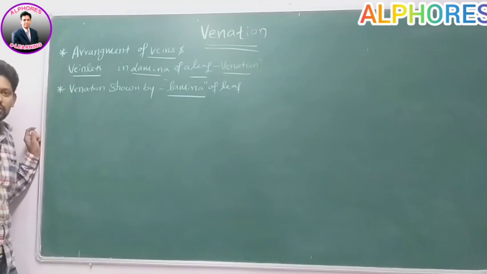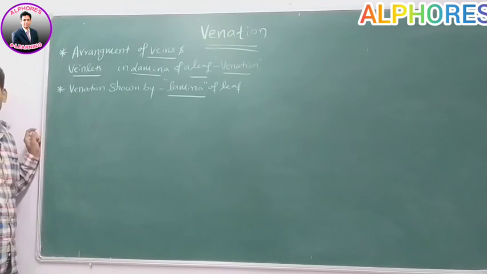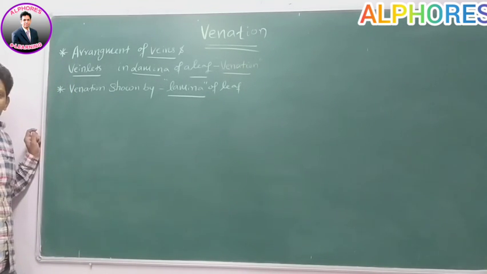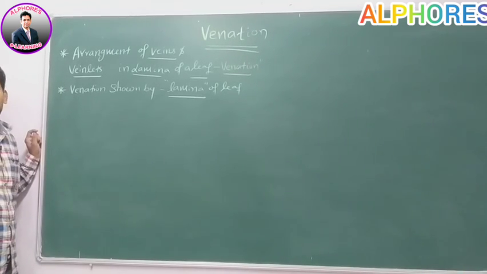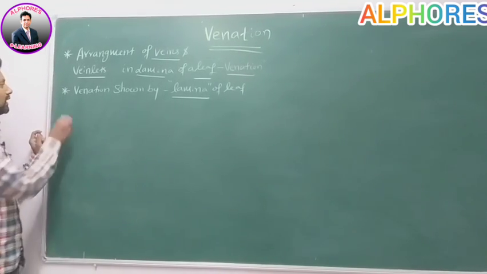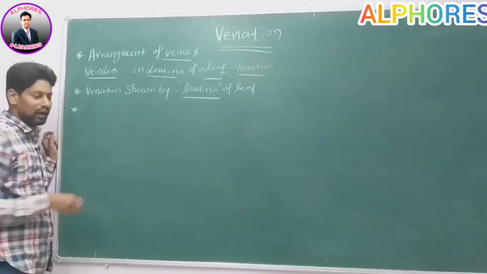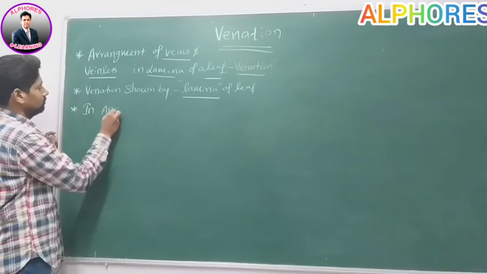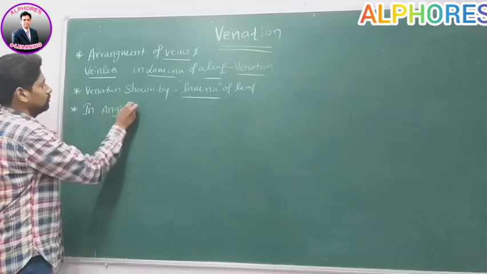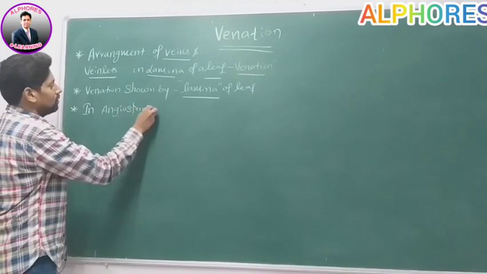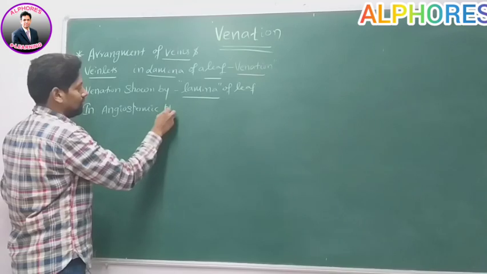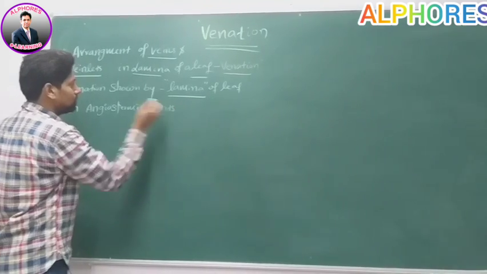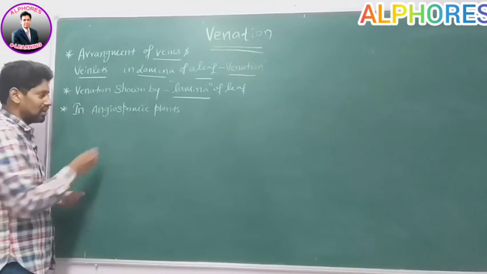Venation is shown by which part of the leaf, sir? Lamina of the leaf. In angiospermic plants, venation is of 2 types. Angiospermic plants are commonly called as what, sir?